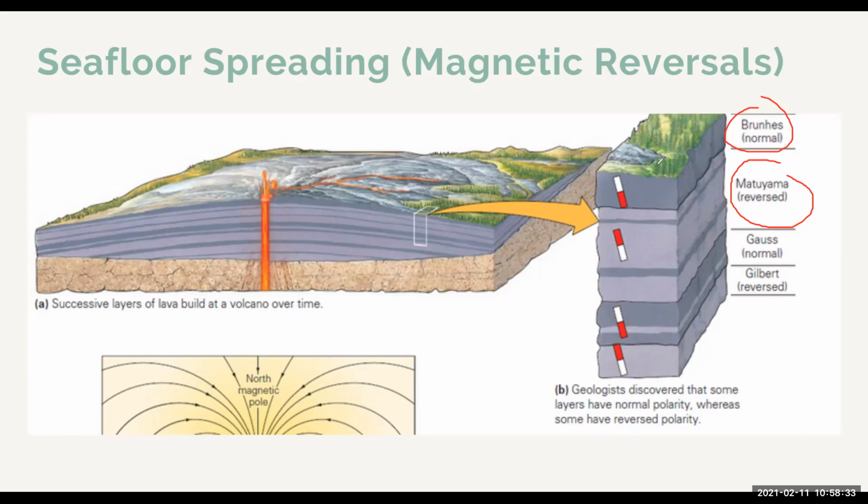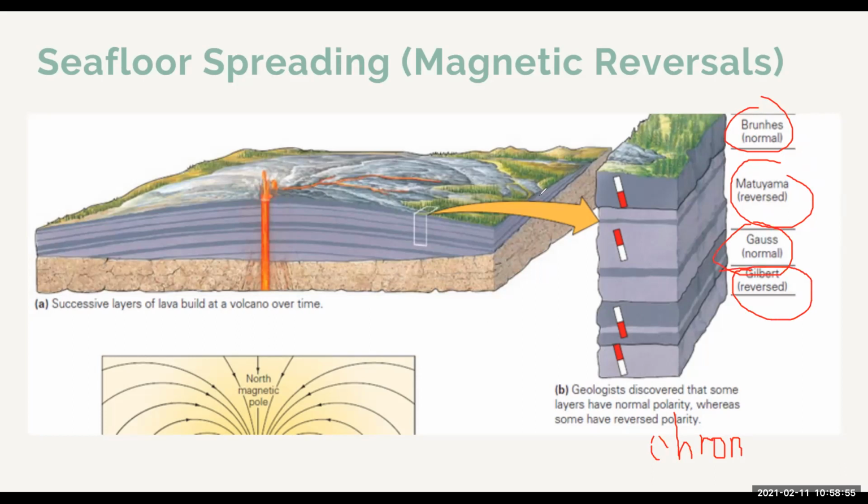Meaning, yun nga, normal. Yun yung kay Brunhes. Pag mag-move ka further away in time, in the past, nag-reverse daw siya during Matuyama. Okay? May unit yan eh. I think it's called a chron. Gauss, normal, Gilbert, reversed.